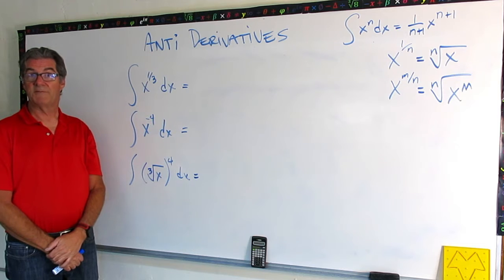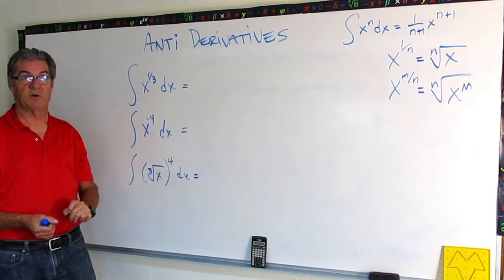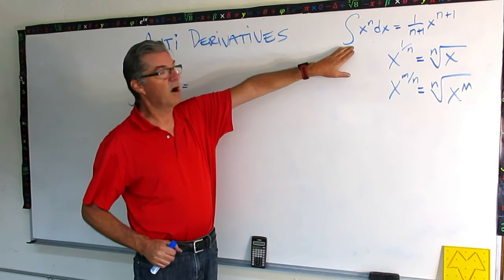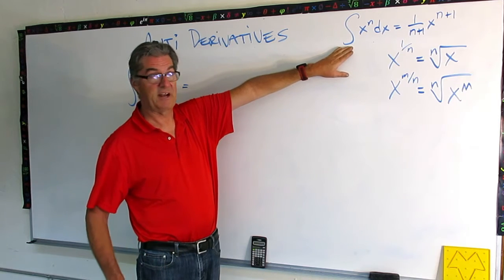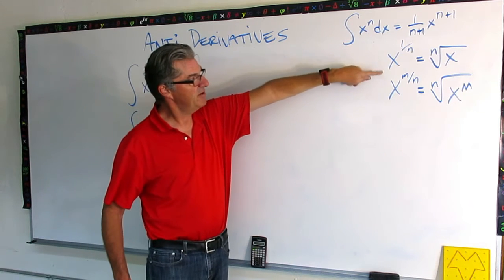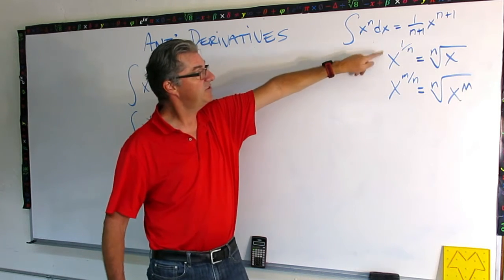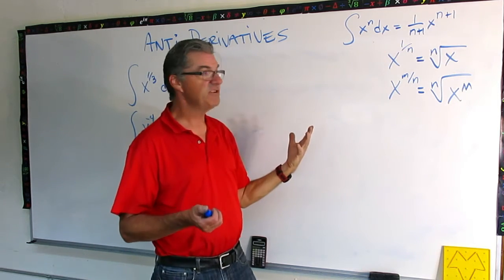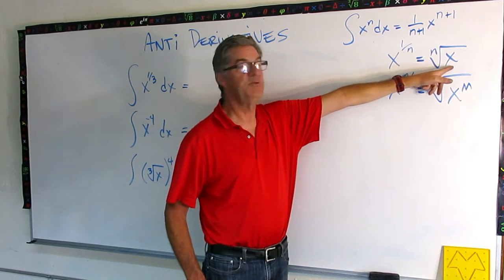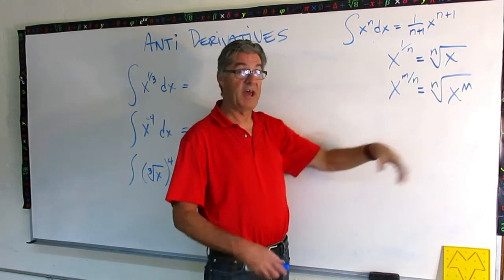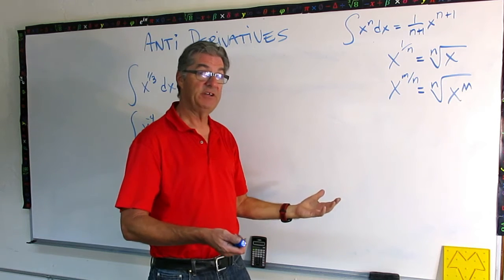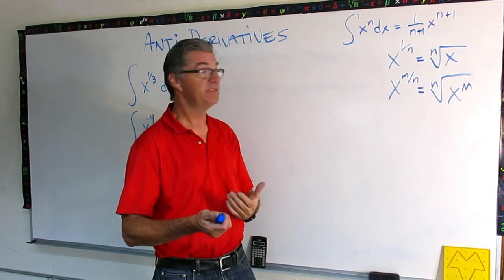Okay, let's do a few more complicated problems. But first I want to call your attention to a couple things. First off, here's our integration formula. Okay, we did that on the last board. You're going to need to understand and be able to use fractional exponent rules. So x to the 1 over n, that's some fraction. That's going to be the nth root of x. So x to the 1/2 power is just the square root of x.